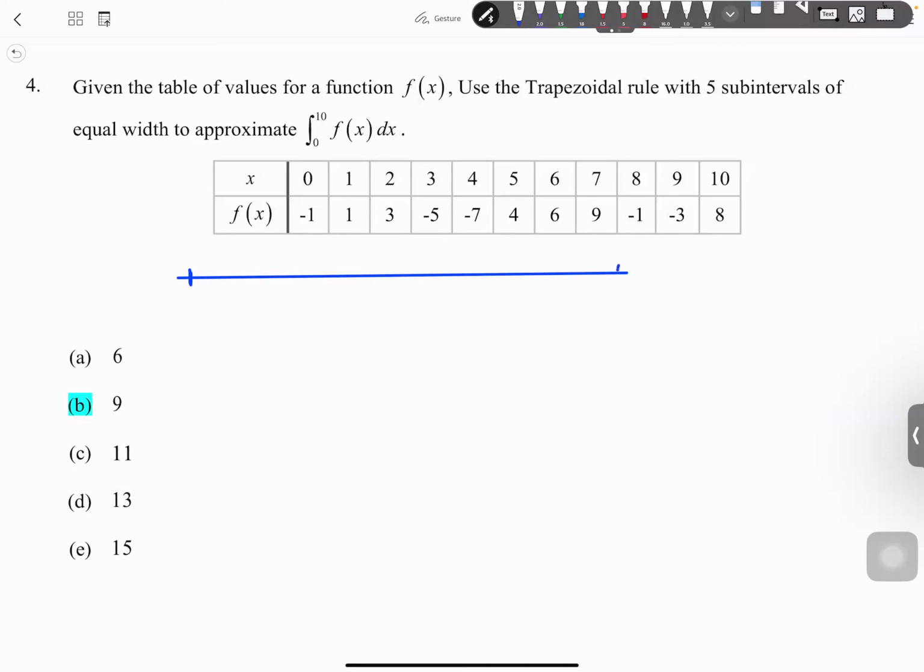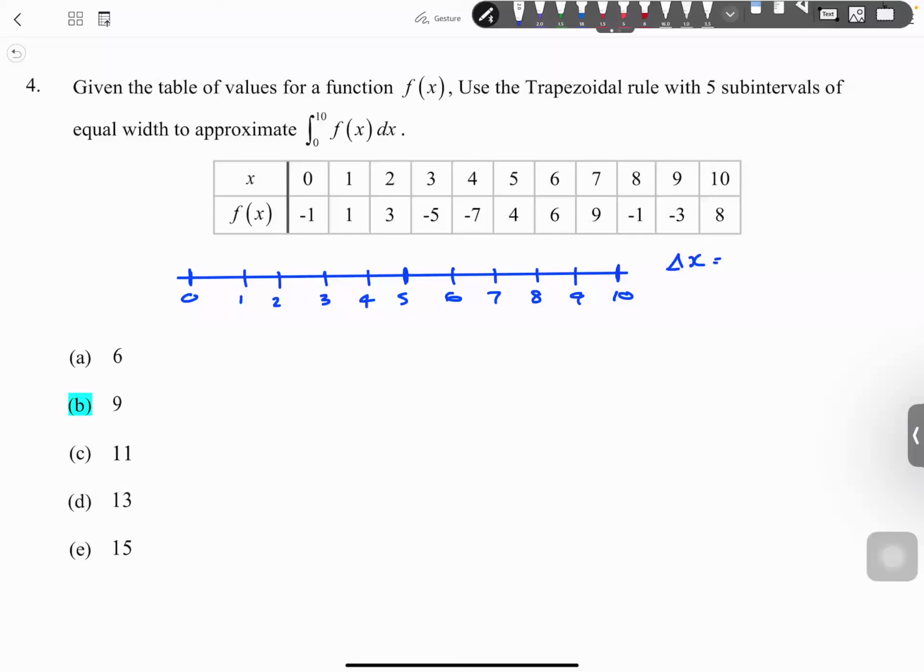we will have, let's see, let me see if I can get this like, so 0, 1, 2, 3, 4, 5, 6, 7, 8, 9, 10. I'm just doing this so we can really clearly see our partition points.